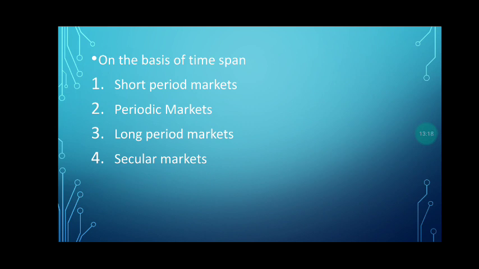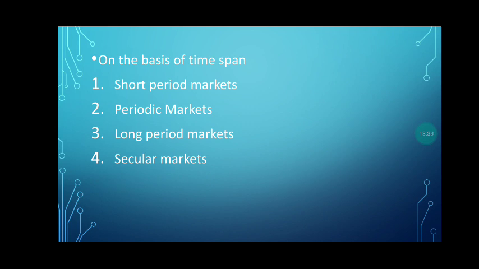Examples of commodities traded under the long period markets are food grains, oil seeds, etc. And the prices of the commodities in the long period market are again governed by the forces of demand and supply.